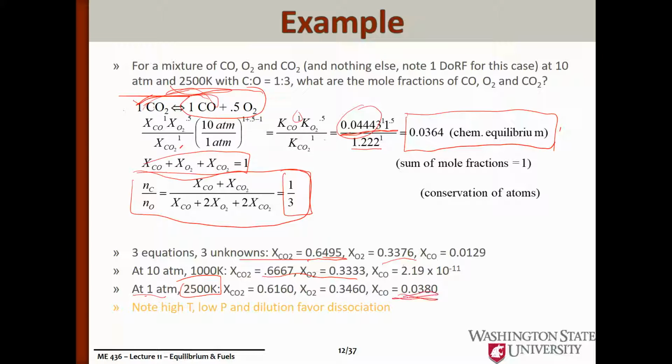I'm going to get almost 4% carbon monoxide when I lower the pressure at the same temperature. So here's 2500 degrees and 10 atmospheres. Here's 2500 degrees and 1 atmosphere. Lower pressure allows more dissociation. Higher pressure will squeeze these back together and result in less CO.